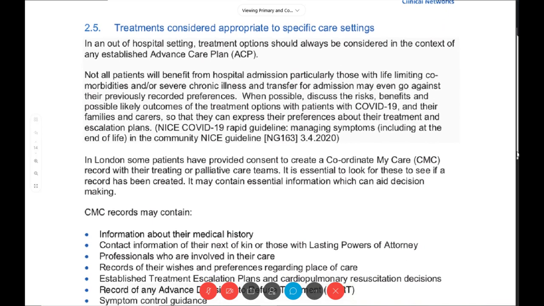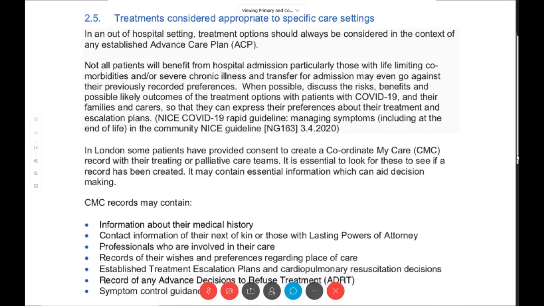When we are talking about treatment in specific settings, this is about treatment of respiratory disease in the home or in care homes or in the community. So again, we reiterate how important it is to establish advanced care plans with your patients and get them discussed. It seems that a lot of patients actually are quite sanguine about their chances, and some of them will prefer to be managed at home.